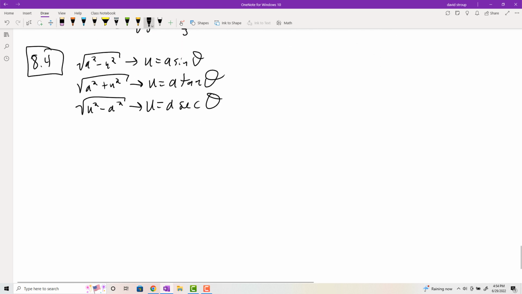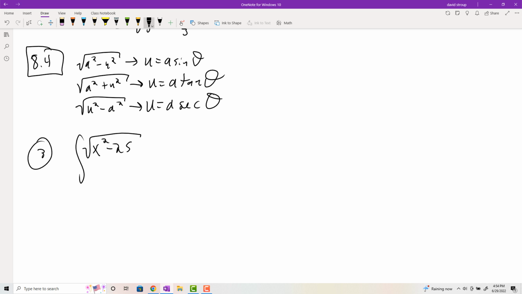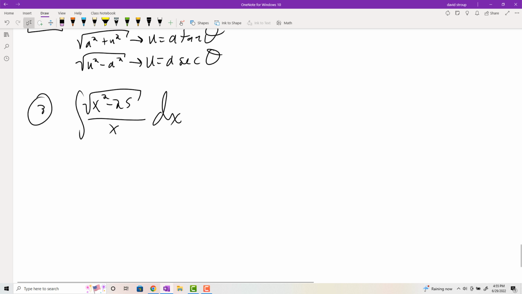Okay, so let's dive in here and look at problem 3. So I have the integral of the square root of x squared minus 25, all over x, dx. The integrals on my test will be in the same order as you see here. So you should kind of know, all right, this is going to be your generic integral.